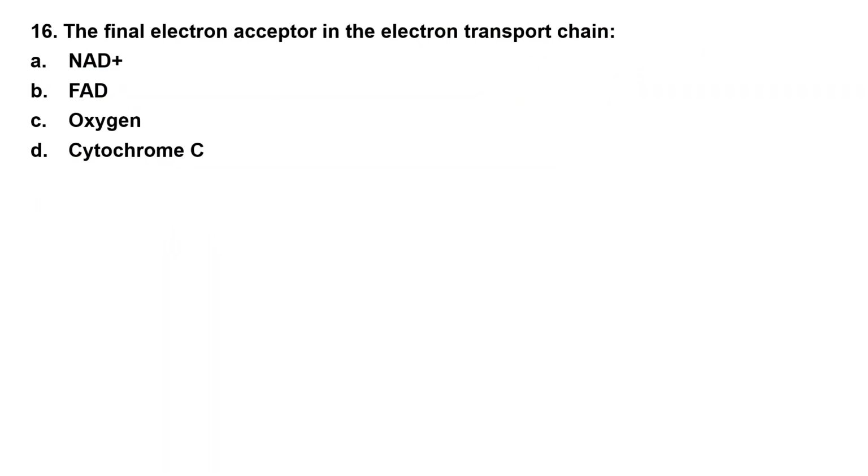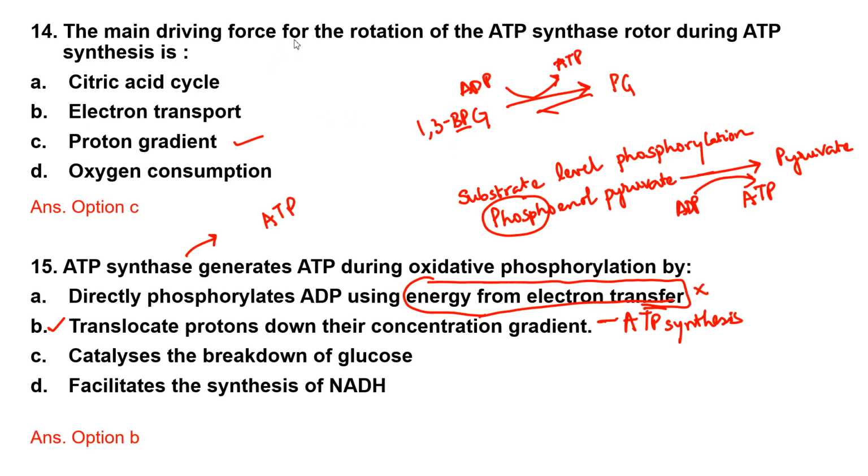Okay. The final electron acceptor in the electron transport chain. This is another very important question, which you get everywhere. Option C. Many of you will know this answer because this question is asked frequently.